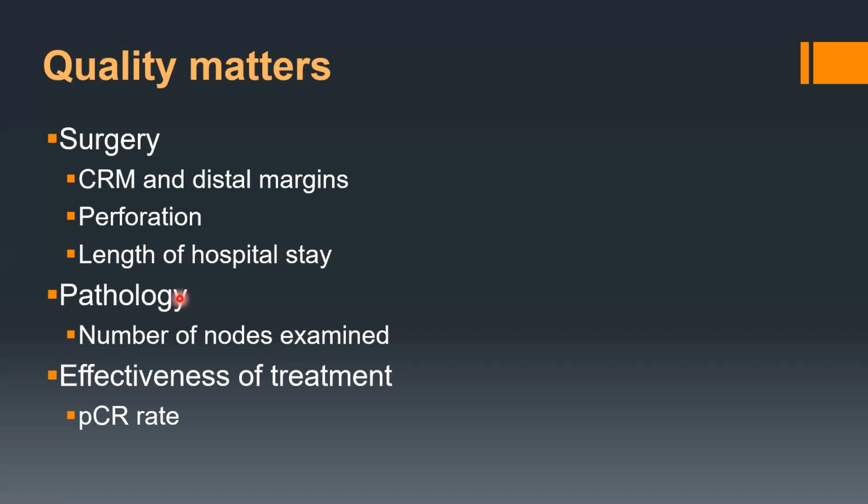Perforation rates during surgery need to be low. Length of hospital stay needs to be moderate. In terms of pathological examination after surgery, the number of nodes examined is very important. So we need to examine at least 12 to 15 nodes in the specimen. And in terms of effectiveness of treatment, we need to look at the pathological complete response rate.